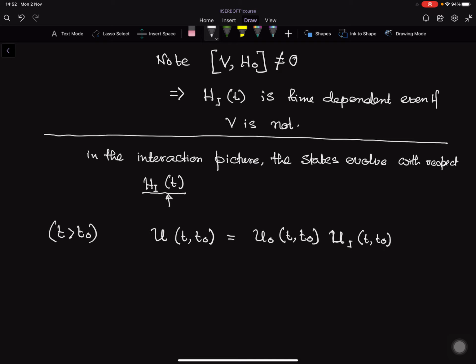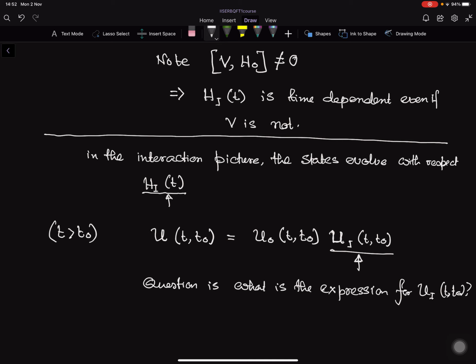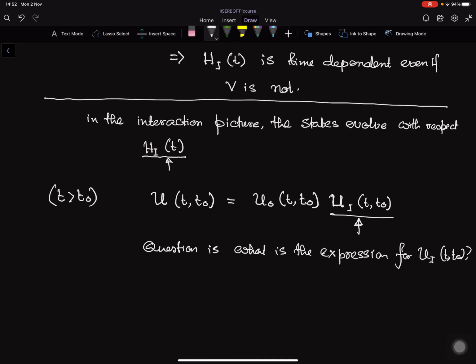Okay, so just this difference we call this thing. The question is, what is the expression for ui(t, t0)? Okay, so this is easy to do.